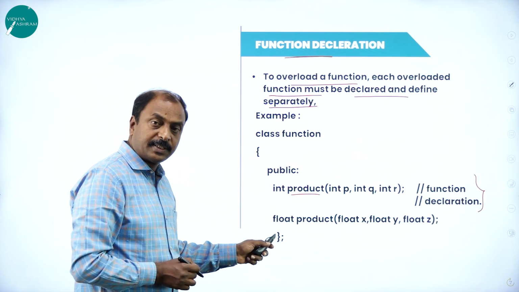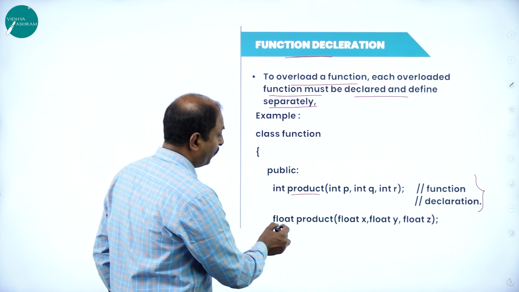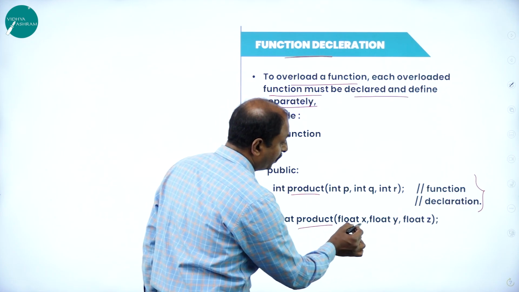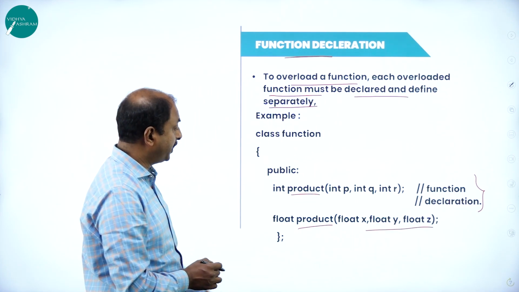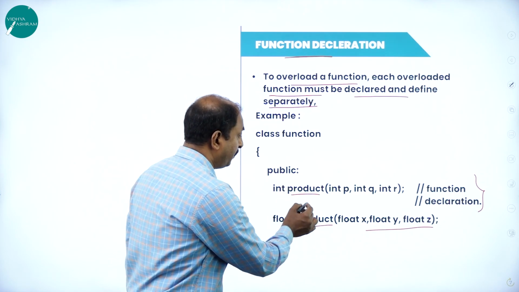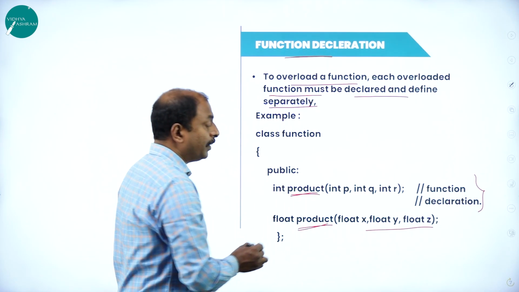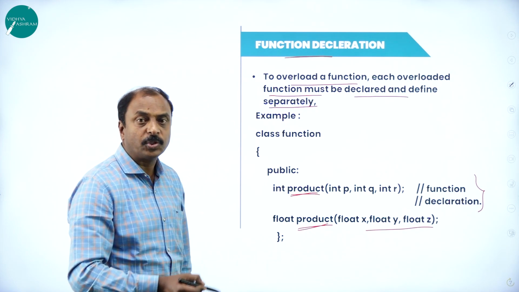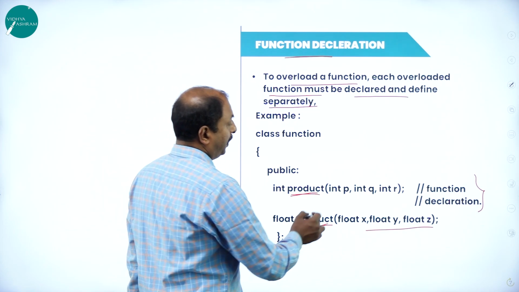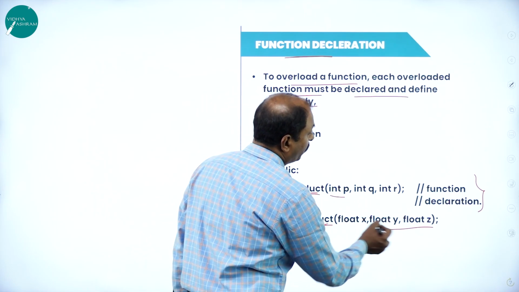Again, look at one more example, the next function here. A float product, and here float x, float y, float z. Now if you observe these two functions, there are two functions with the same name, product, but they differ in their argument lists with respect to the data types of the arguments. Here it is int data type and this is float data type.